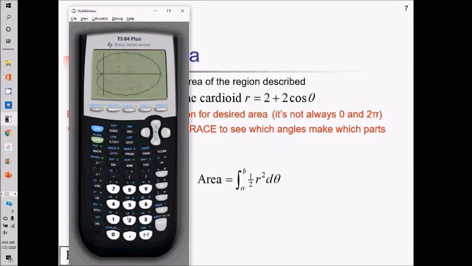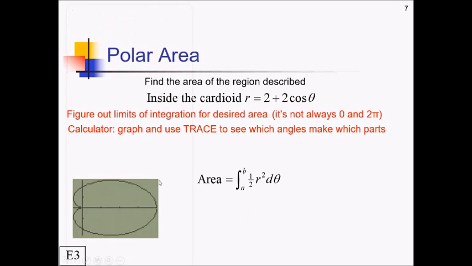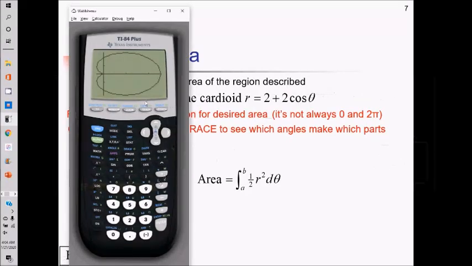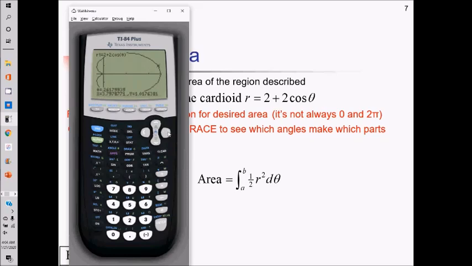Here's the shape that we're using here. Now what I'm going to do on the calculator, now that I've got this graphed out, is I'm actually going to use this trace function. When you use that, it's going to start you at whatever angle is your starting theta in window. And as you press the right arrow, it's going to take you through the angles, going up by, well, whatever your theta step is in window. It's kind of neat how this works.